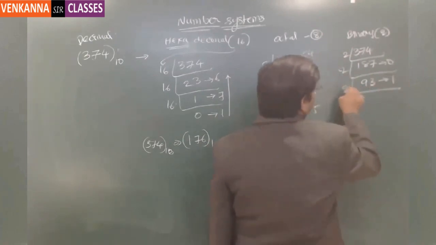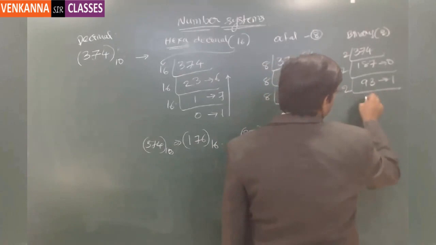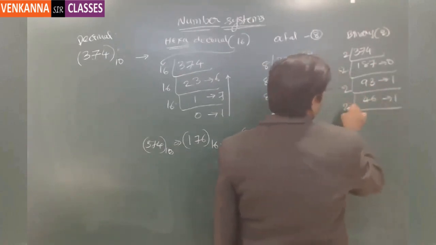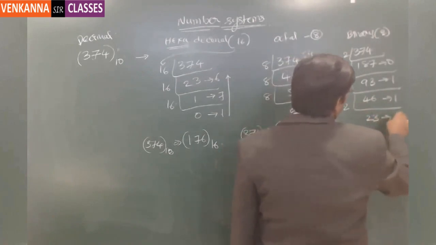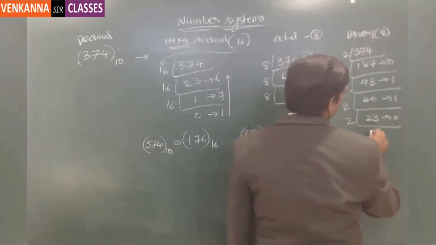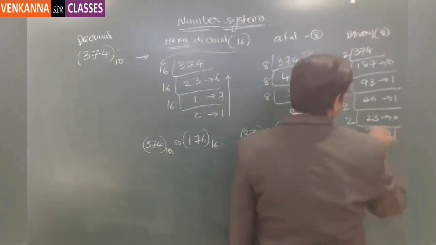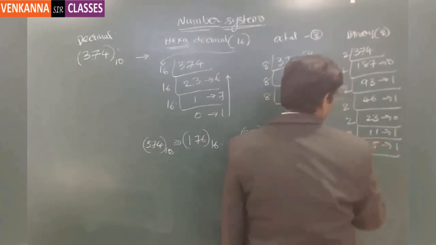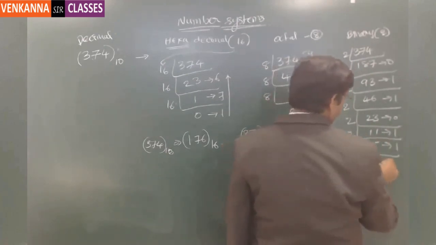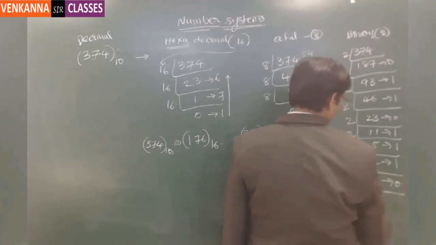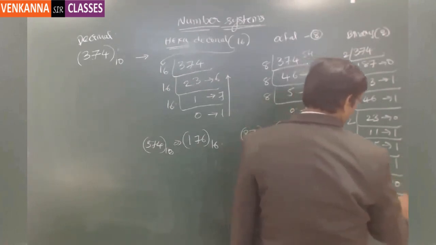And then again with 2: this goes 46, remainder of 1, and then 23, remainder of 0, and again 2: 11, remainder of 1, again with 2: 5 times with a remainder of 1, and again with 2: 2 times with a remainder of 1, and again with 2: 1 time with remainder of 0, and again with 2: 0 times with remainder of 1.